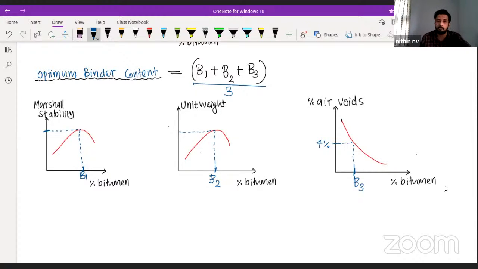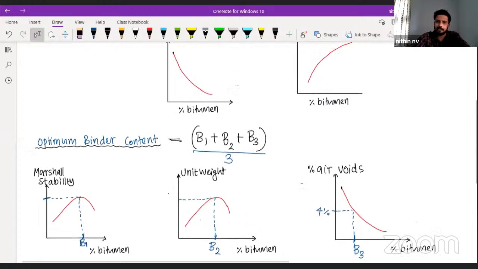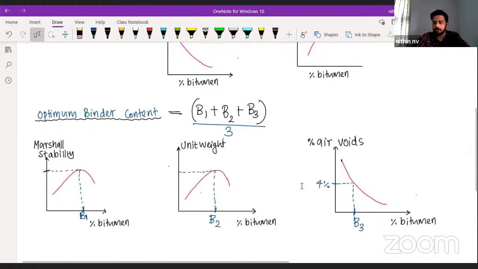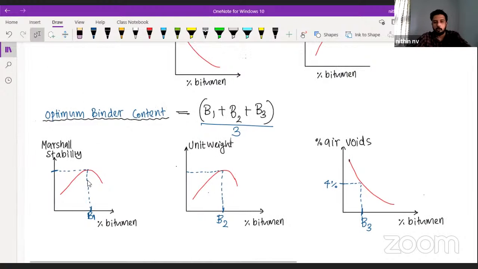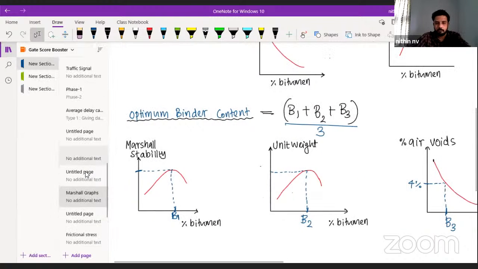This is the optimum binder content. Remember, we are taking 3 graphs, which are Marshall stability, unit weight and air voids. Clear, everyone? Okay, so take that as an extra point. As of now, they have not asked. Clear? Now we are moving into the next concept.